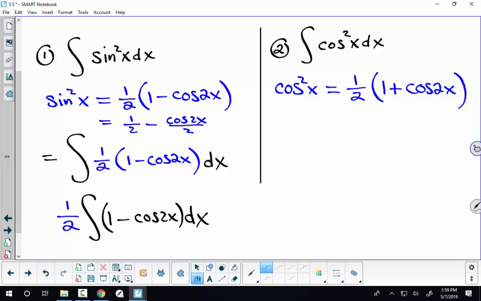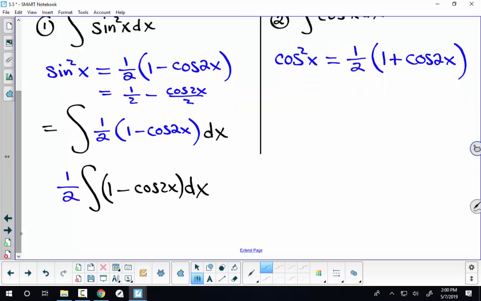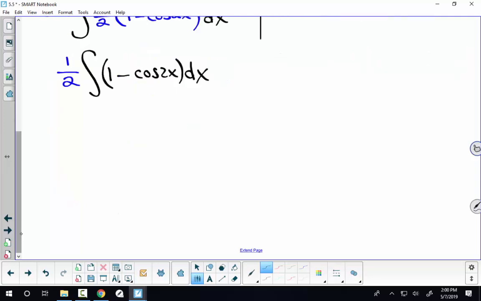We can find the antiderivative of 1 with respect to x and the antiderivative of cosine 2x with respect to x. So here, to find the antiderivative of cosine 2x, if you need to use a U-substitution, then u is 2x. But hopefully you just remember the one from 4.9. It's more efficient if you don't have to do those by U-substitution.